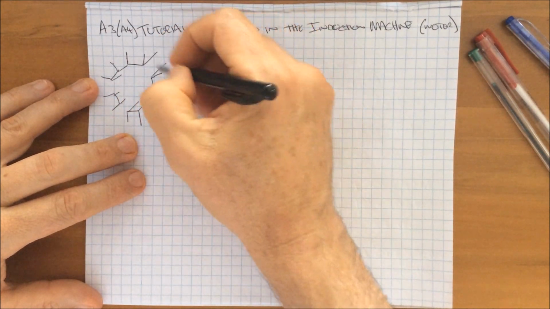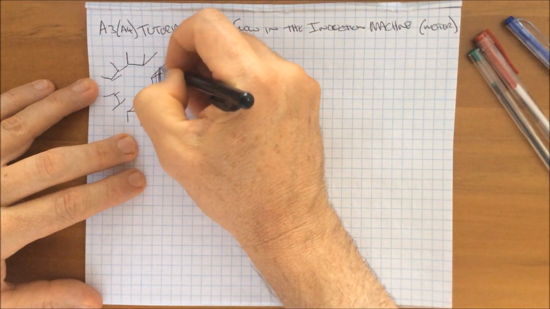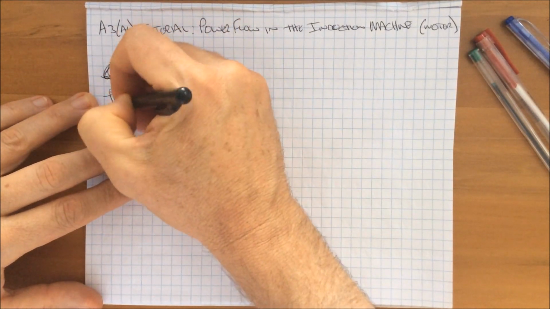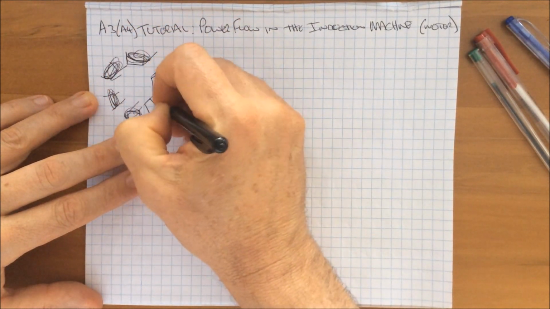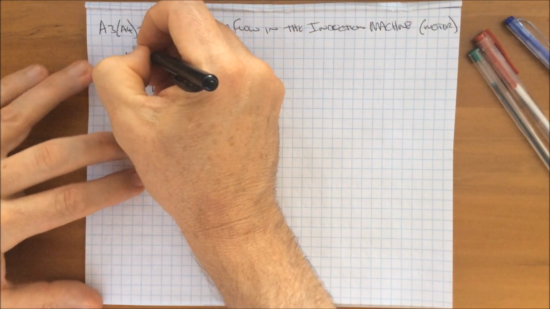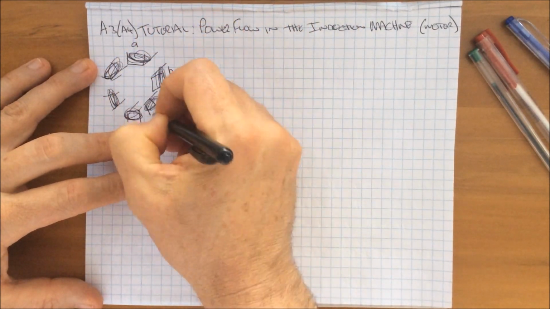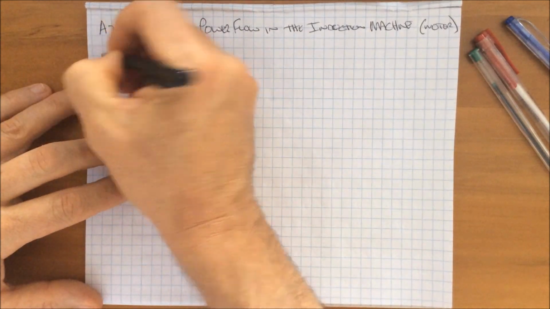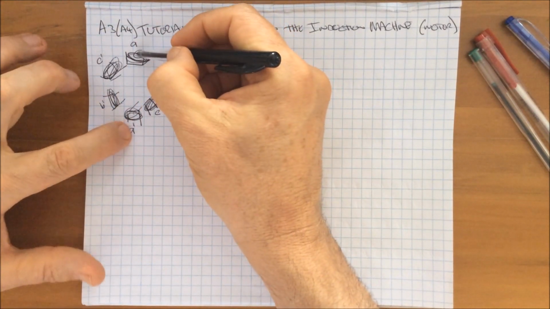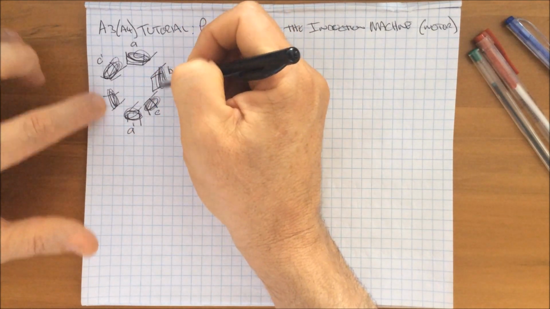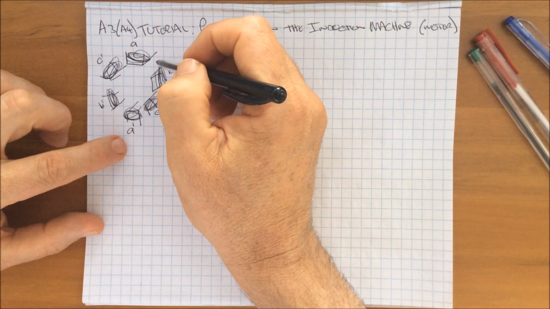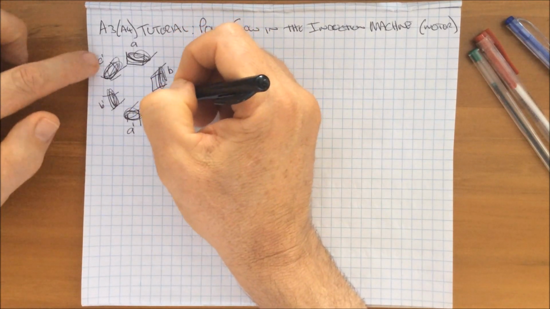And each of these poles has got windings around it, like that, and we'll call these A, B, C, A dash, B dash, and C dash, because these two are configured together, these two are configured together, and these two are configured together. And when we apply a 3-phase waveform to this, we get our rotating flux field.